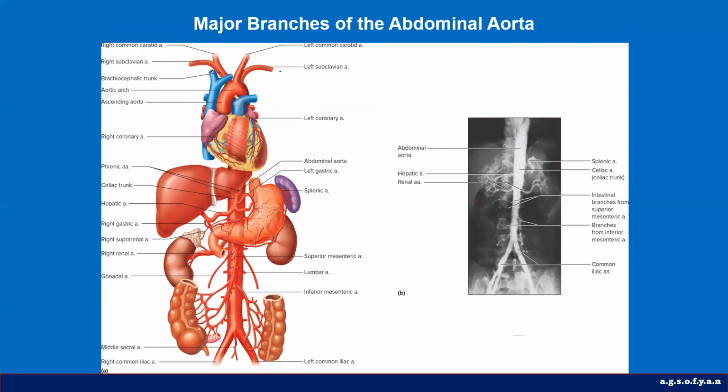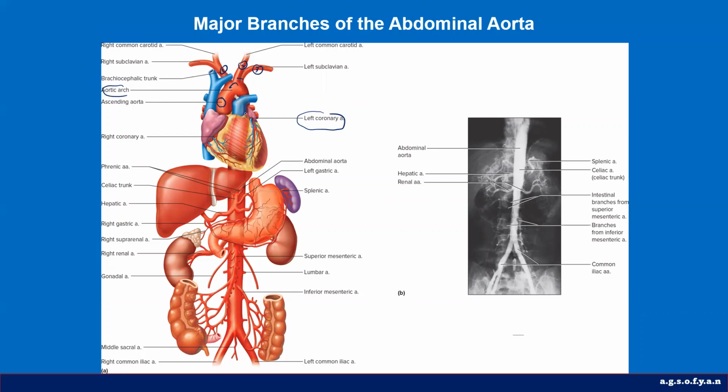If you see these diagrams again, this is the ascending aorta, which branches into the left and right coronary arteries. Then the arch of the aorta, the aortic arch, branches into three: one, the brachiocephalic; two, the left common carotid; and three, the left subclavian.